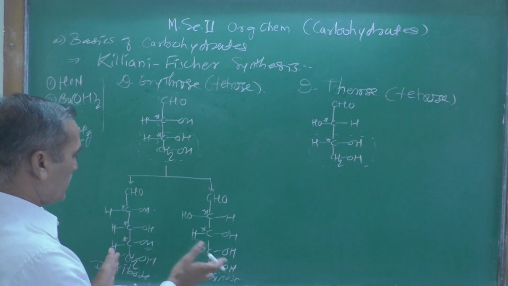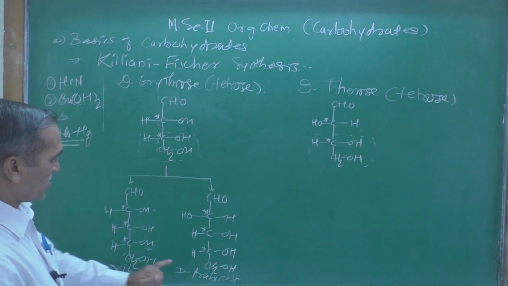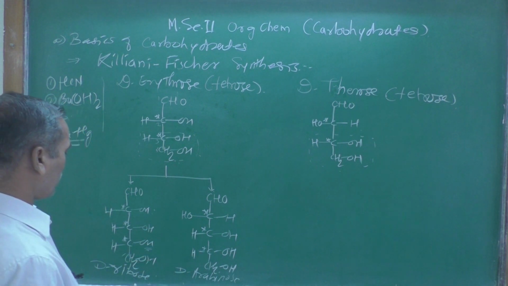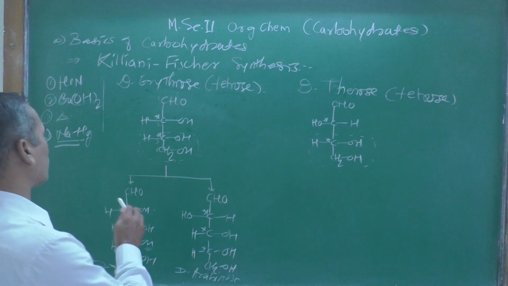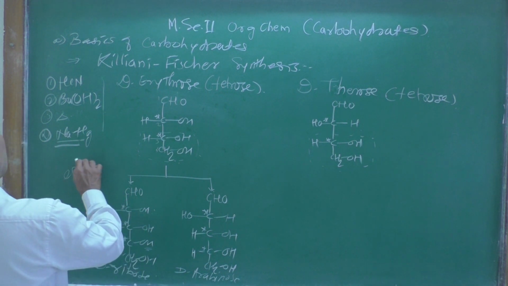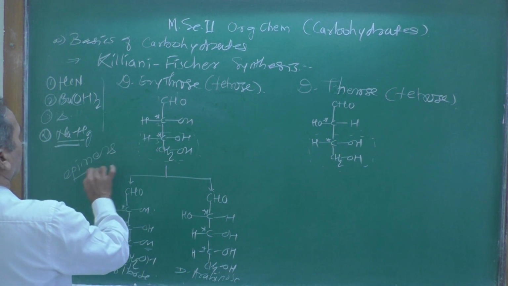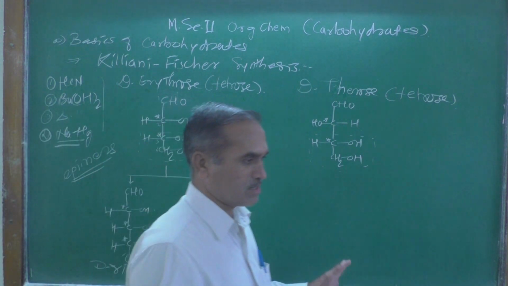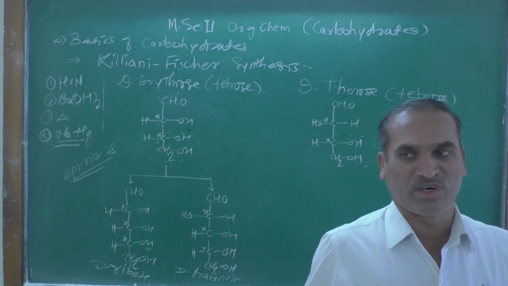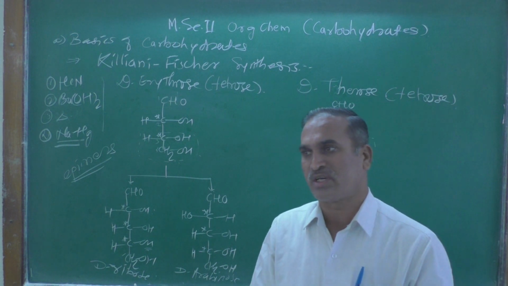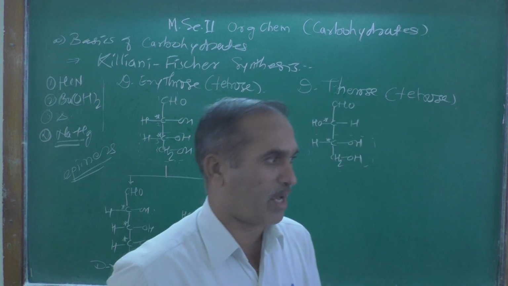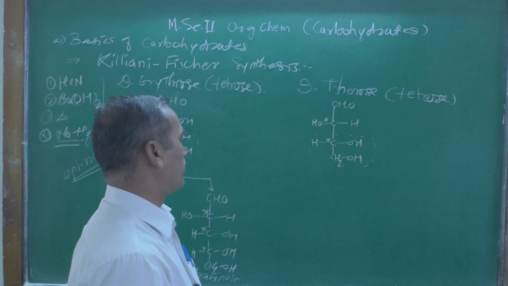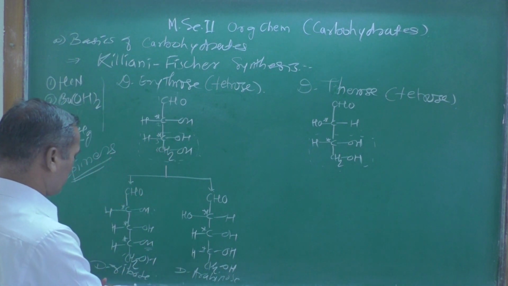If you see the relationship between this and this, they are epimers of each other. Epimers means everything is the same, only they differ in the configuration at the C2 carbon atom. That type of compound is known as epimers.